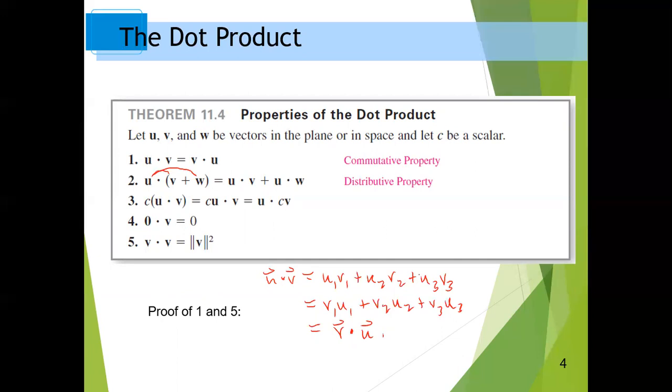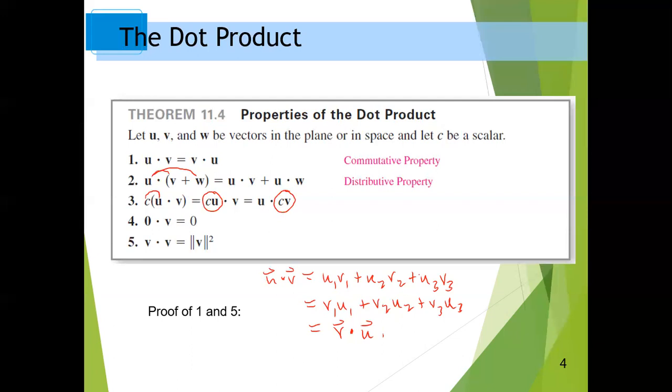Well, this one's kind of weird. I can put the scalar on one of these things or on the other. Okay. And I would get the same thing if I take U dotted with CV or if I take CU dotted with V. Okay. It's a pretty standard thing. What do you think I get if I dot the 0 vector with a vector?